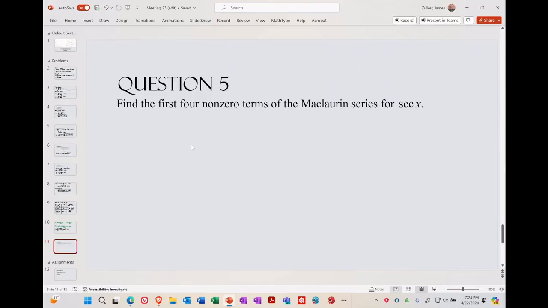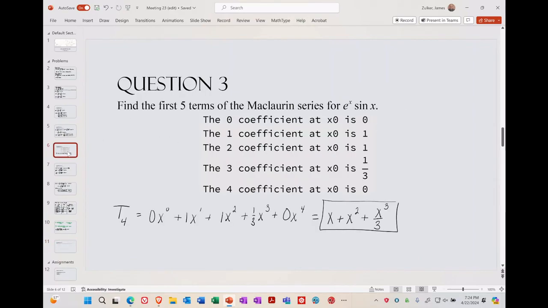Notice a key difference between what this one's asking and what this one was asking.